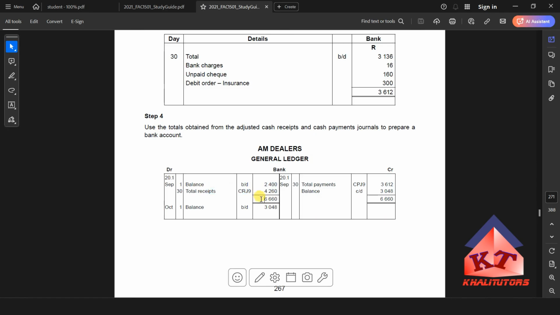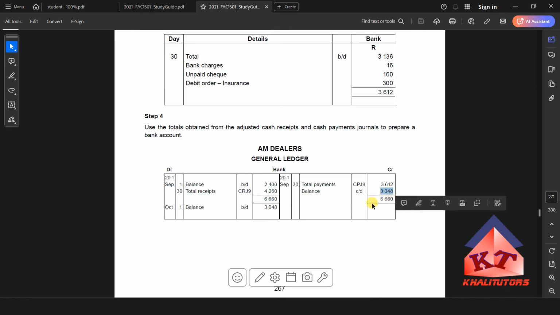This value here is basically the total of these two, okay? So you would have compared this value here and the total for these two. Whichever value is greater will be written here and here, and then the difference between the total for the greater value and the total for the lesser value will be written here, okay?